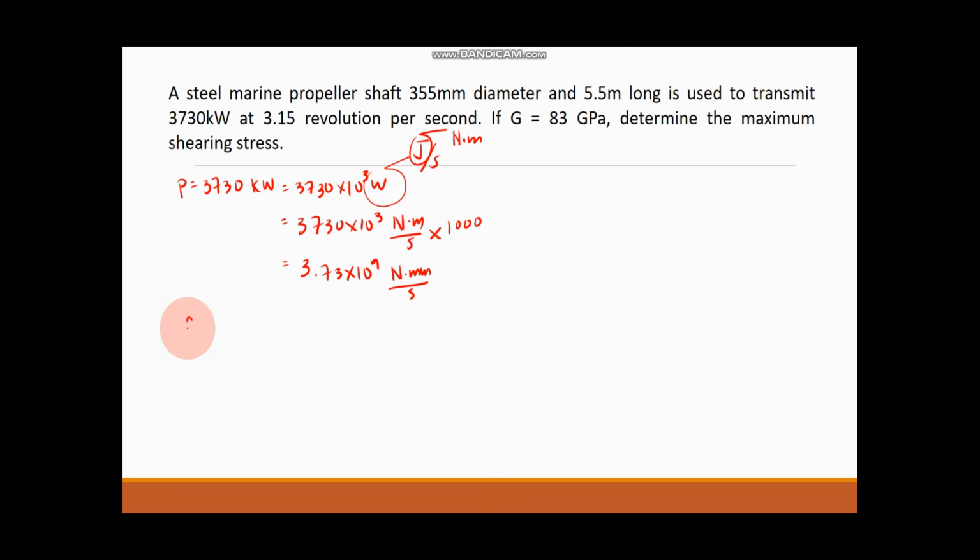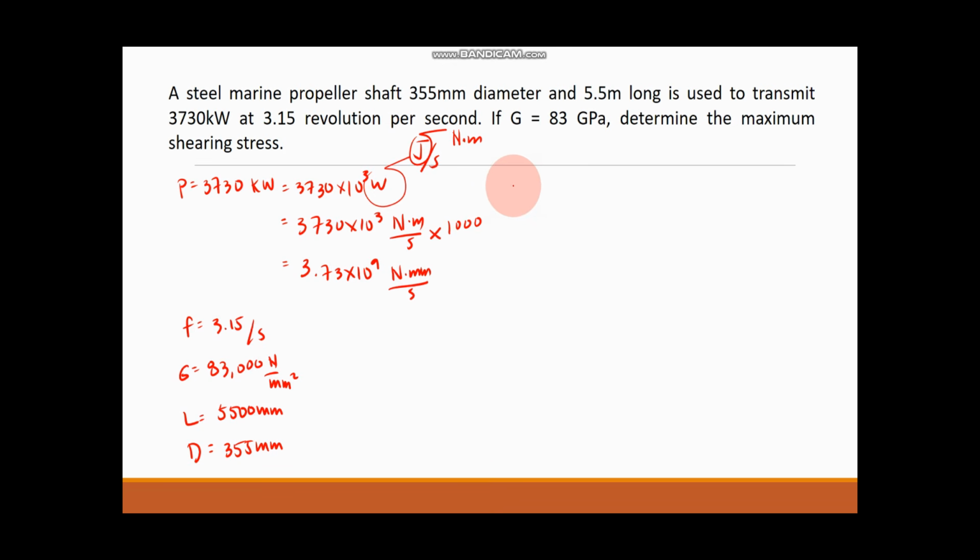And then our frequency is equal to 3.15 revolution per second. The shear modulus is equal to 83,000 megapascal or 83,000 newton per square millimeter. The length is equal to 5.5 meters or 5,500 millimeters. And then the diameter is equal to 355 millimeter.